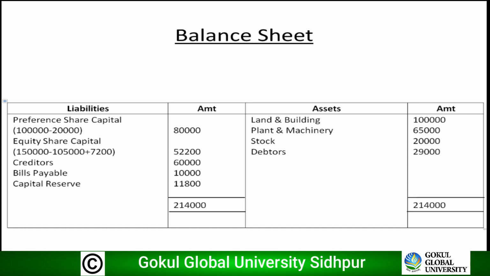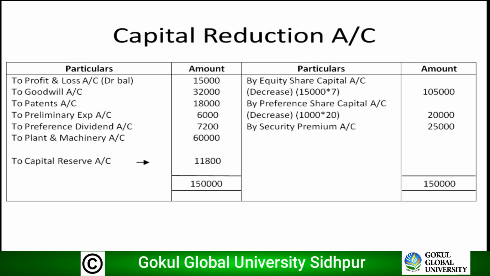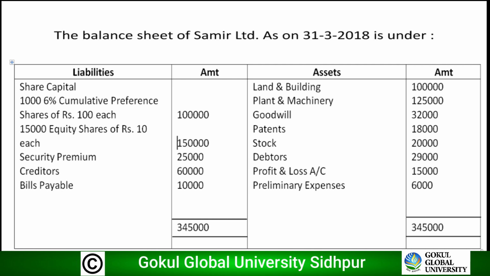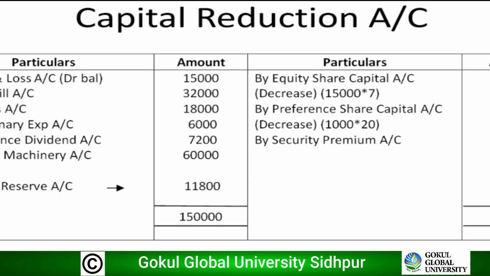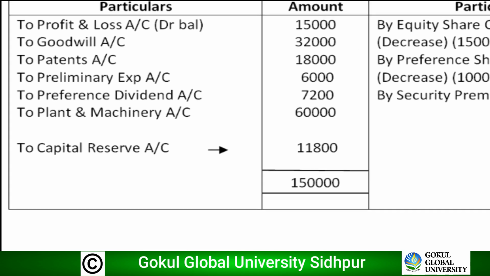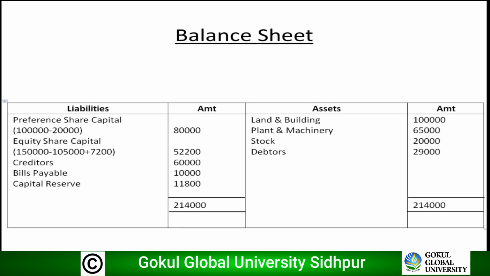So plant and machinery 65,000. 65,000 means, see, total value of plant and machinery is given 1,25,000 and reduction price of plant and machinery is rupees 60,000. So 1,25,000 minus 60,000 reduction is equal to 65,000. Next, stock.